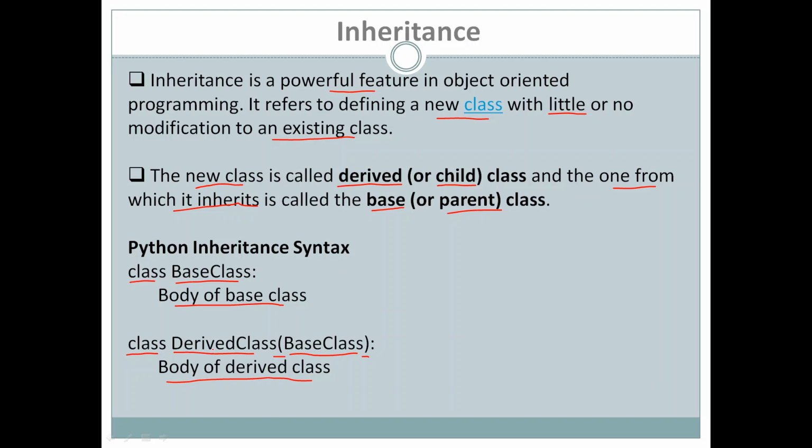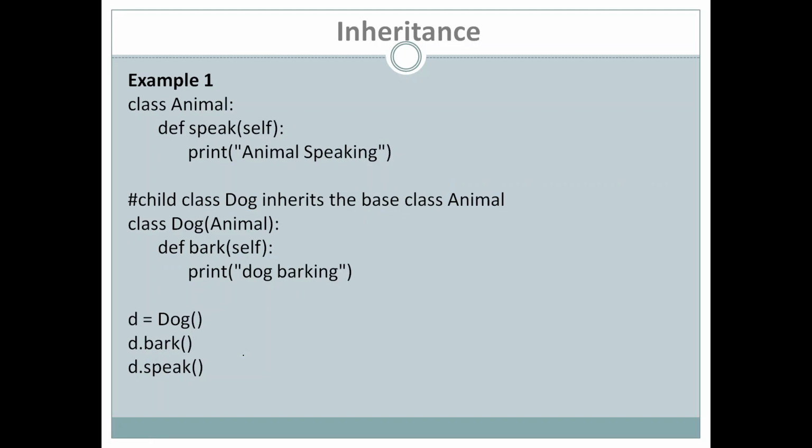This means the derived class inherits the properties of the base class. So all the properties of the base class are accessible inside the derived class. Okay, let us look at this with an example program.